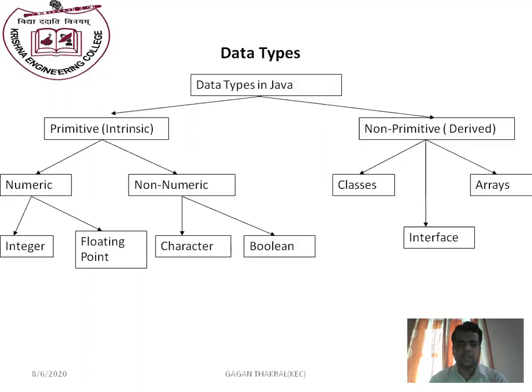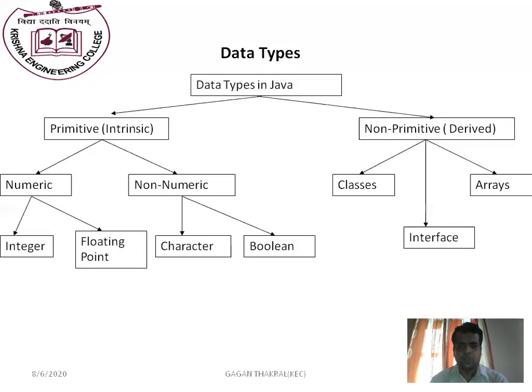These data types are derived from primitive data types, and they are special data types. Examples of non-primitive data types are classes. A class is a user-defined data type which is derived from the primitive data types. Arrays: an array is a collection of similar data types and is derived from the primitive data types. Interface: an interface is very similar to a class.